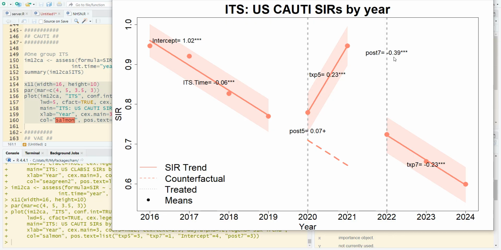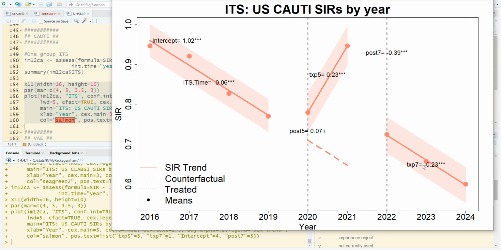Instead, we see the level goes down to about 0.75 or 0.72. And so the difference between the levels of where it could have been and where it was is a negative 0.39. So that's a shift downward.